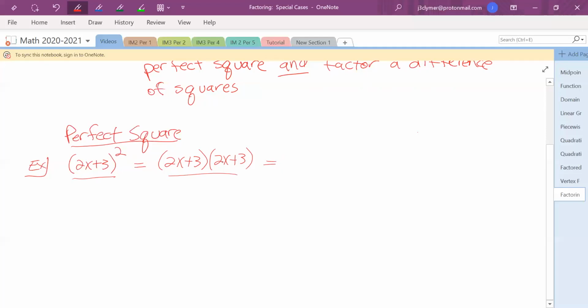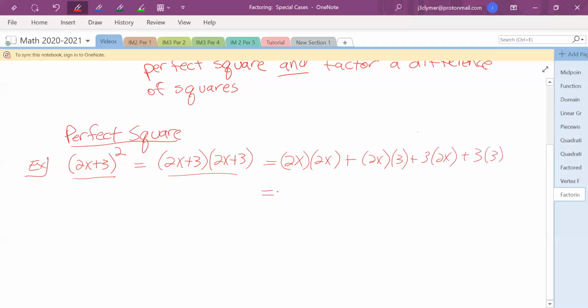All right, so if we multiply that out, let's see what we get. Following our first, outer, inner, last, we start with our first, 2x times 2x, and then plus 2x times 3, and then plus 2x times 3 again, or 3 times 2x, and finally plus 3 times 3.